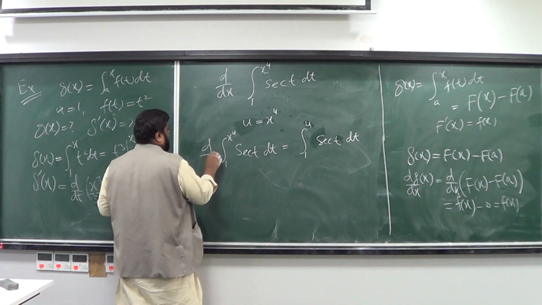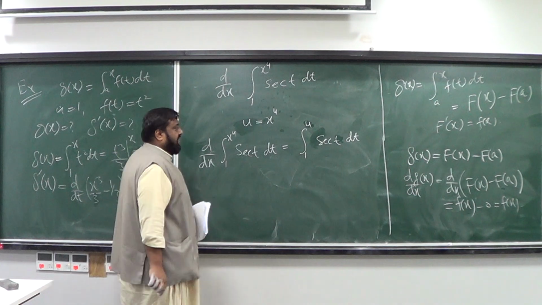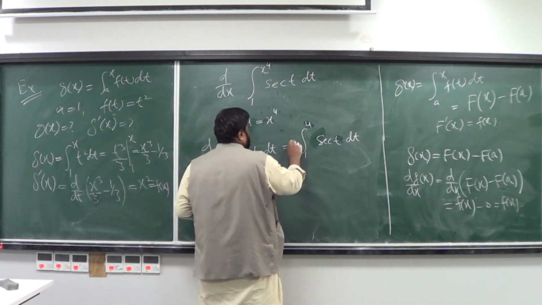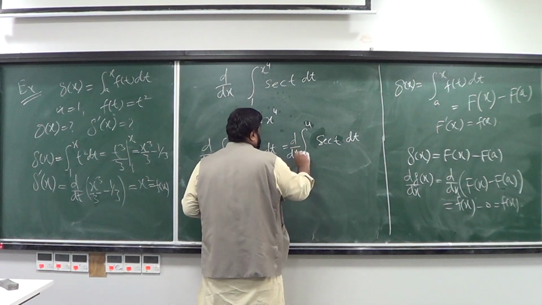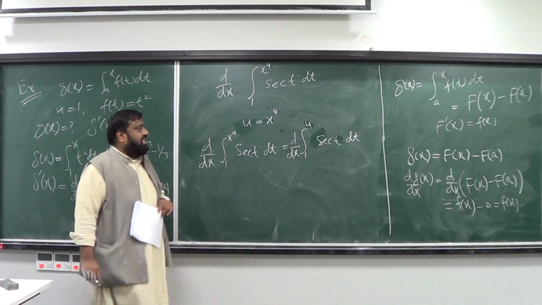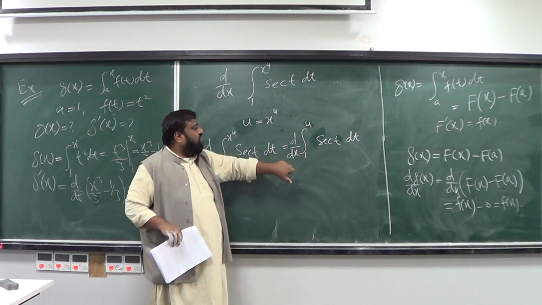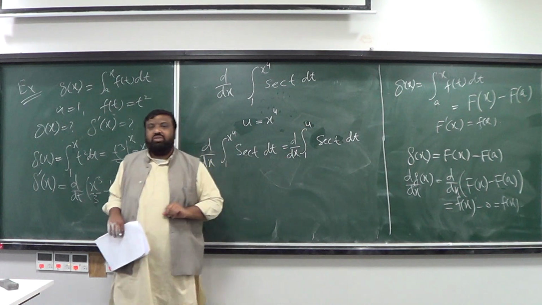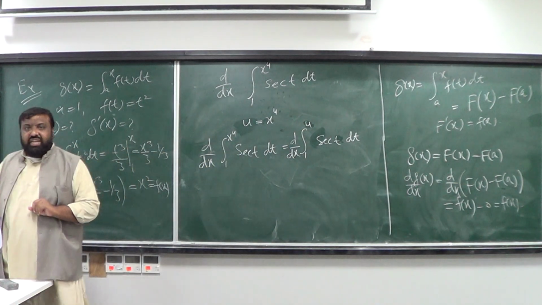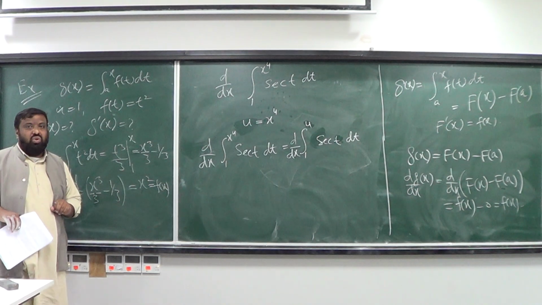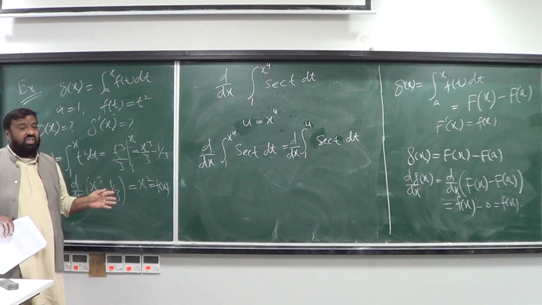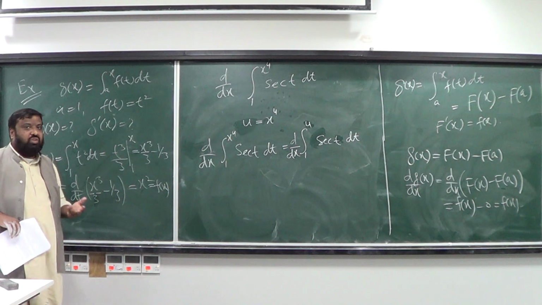Now let's calculate this integral with respect to dx, but the trouble is that the limit depends on u, while the variable with respect to which we are differentiating is x, where u is the function of x. So what should I do?